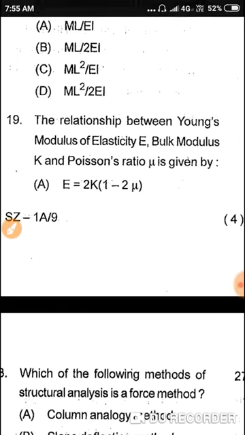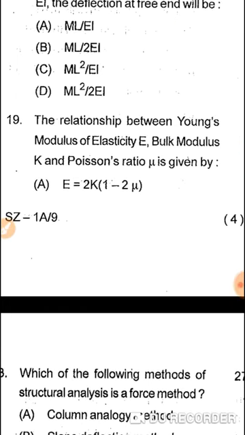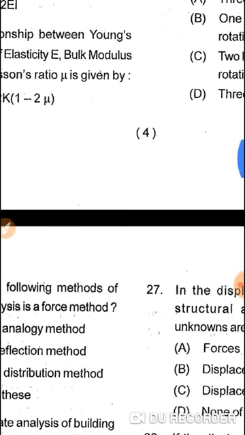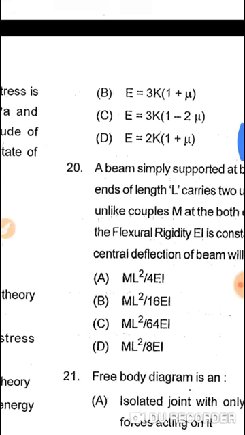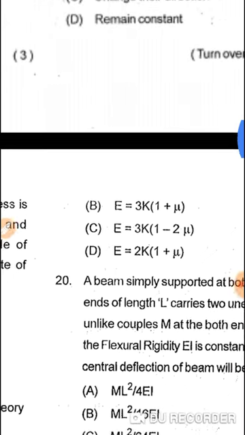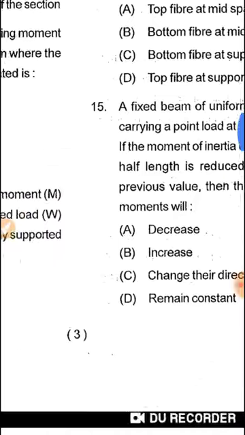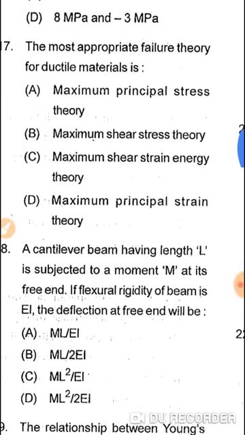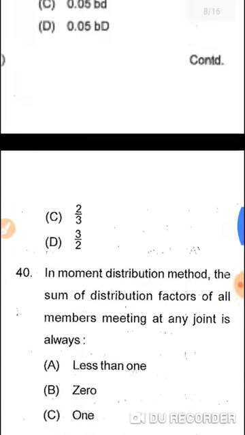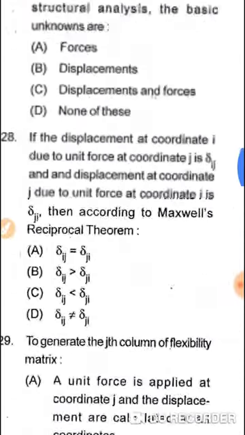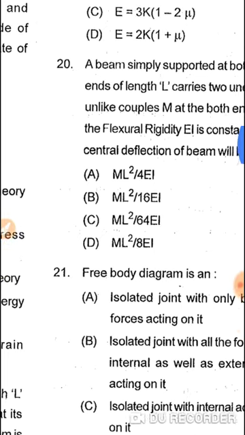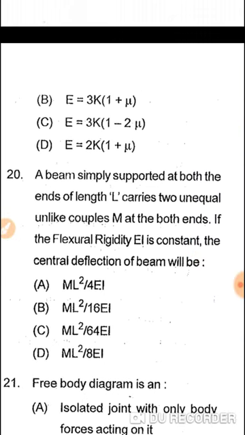Question number 19. This is also an important question: the relation between Young's modulus of elasticity E, bulk modulus K and Poisson's ratio mu. Just one minute. E equals 3K into (1 minus 2 mu).